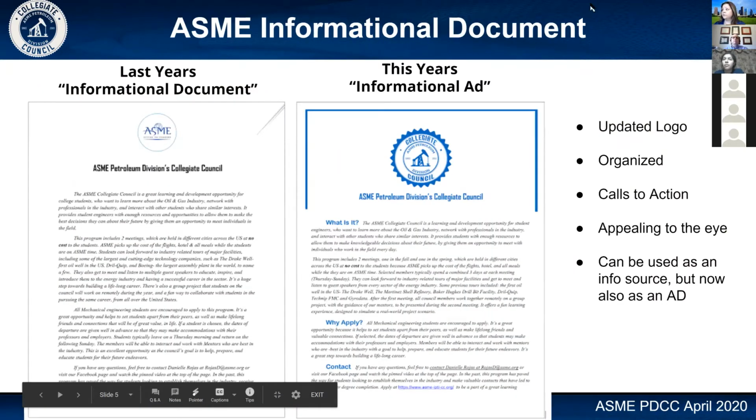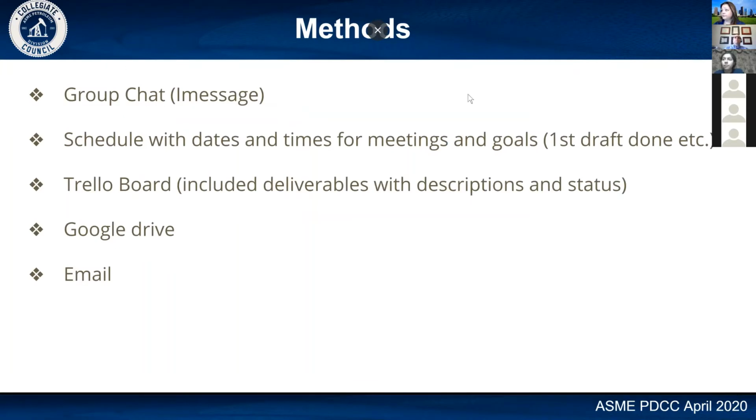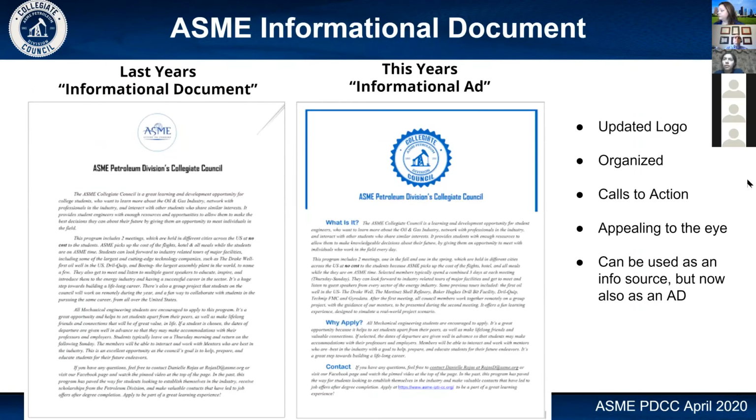So this is one of the first deliverables, the informational document. This was first created last year because I was a first-time student last year and I was having a hard time trying to find all the information I needed to feel comfortable applying.